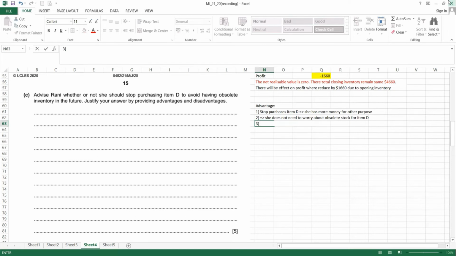After we don't buy, she can save storage cost due to less inventory to keep. Okay, 2 points should be enough already actually.